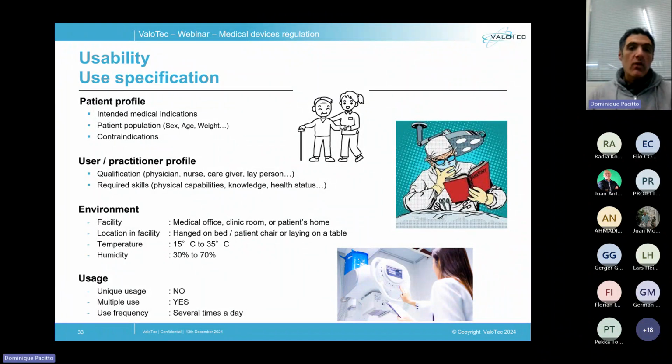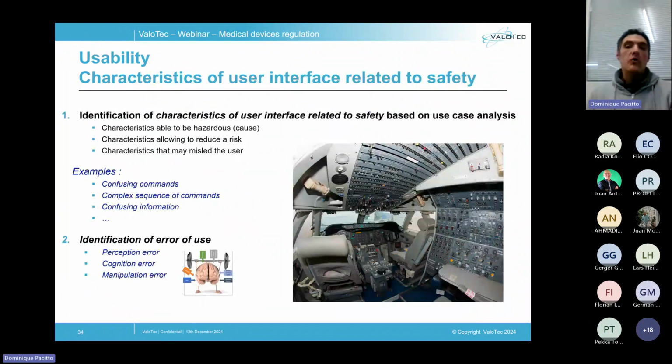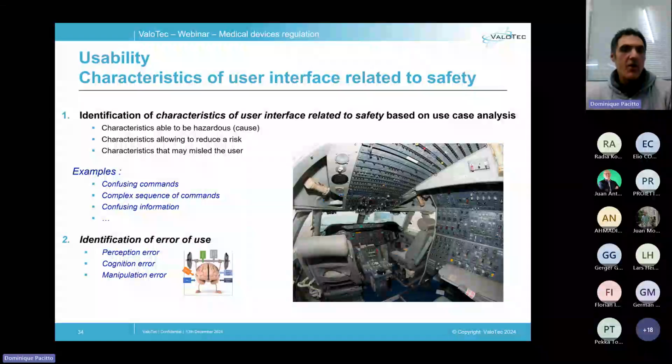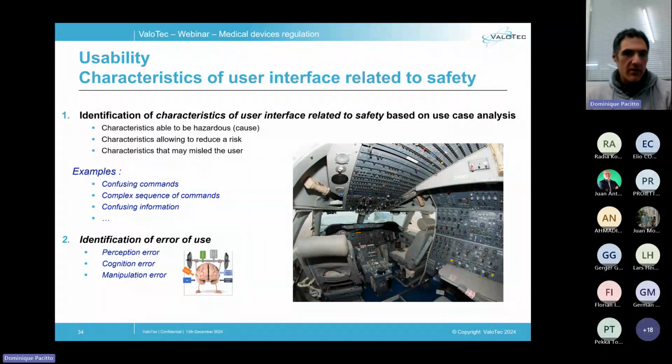From the functional specification, where the use case has been described, and the result of 5.1, the manufacturer must identify the characteristics of the user interface related to safety. I repeat, the characteristics of the user interface related to safety, and this is clause 5.2.